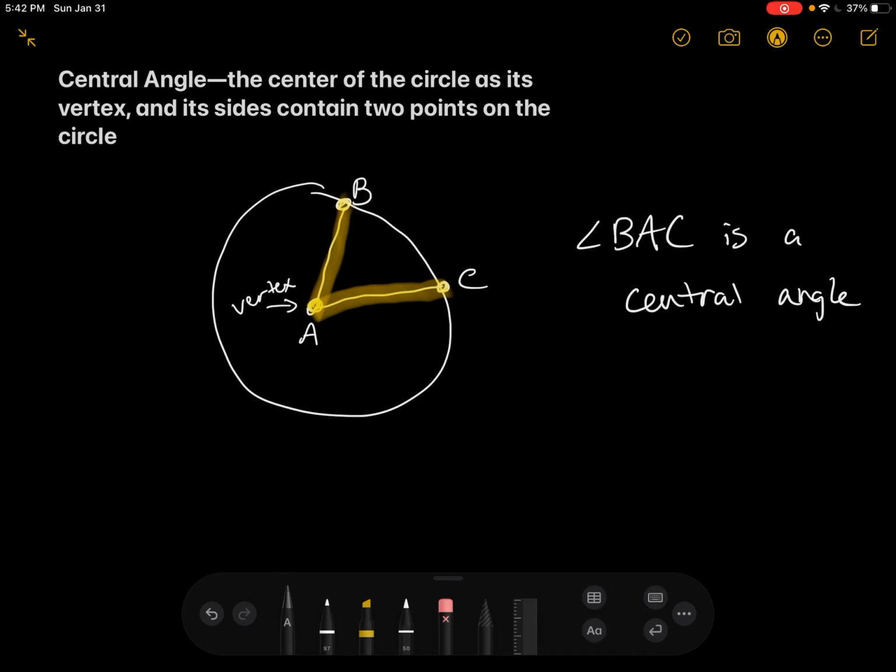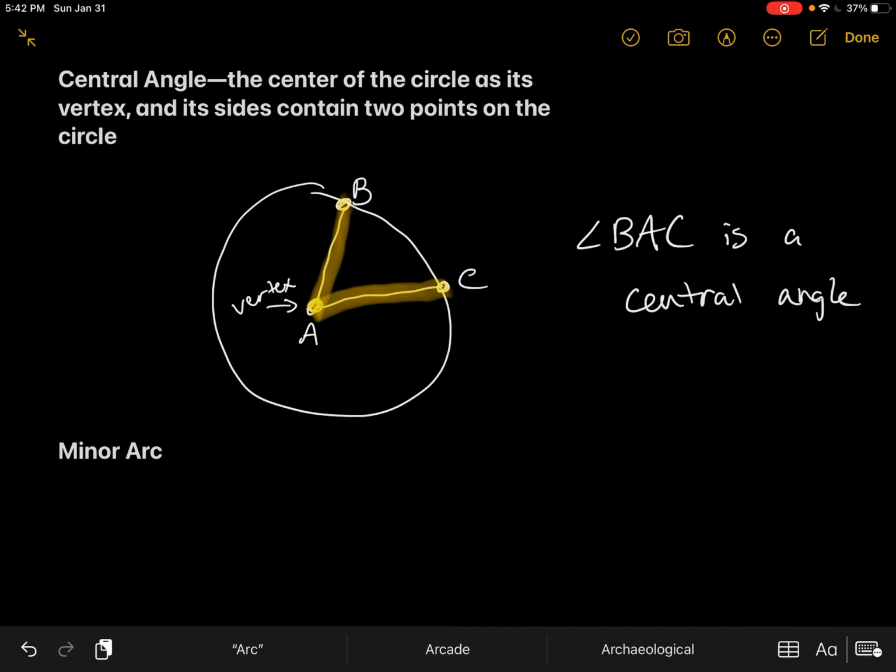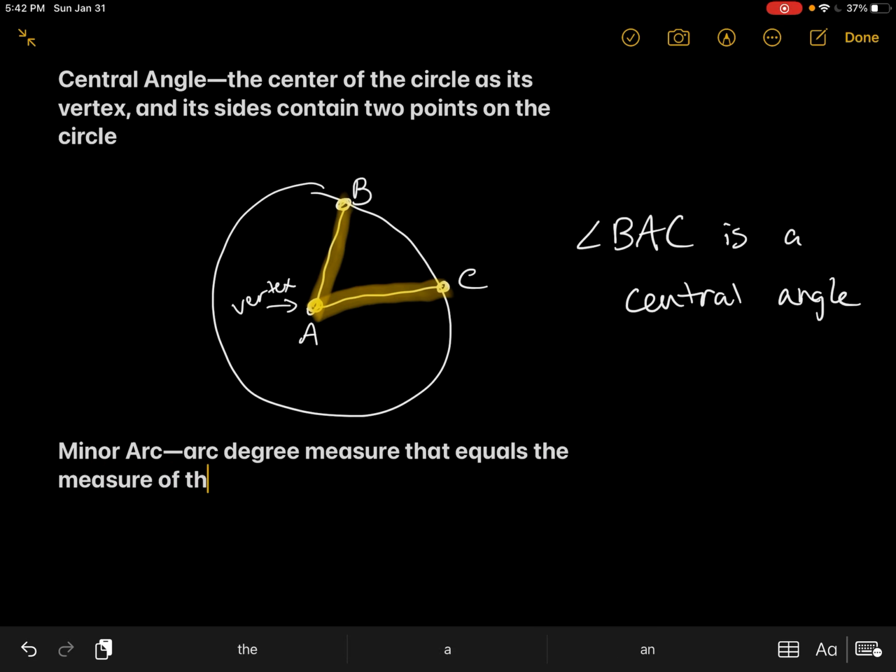All right, next up, we have a few more definitions here. We have a minor arc. And a minor arc, we define this as, it has an arc degree measure that equals the measure of the central angle.